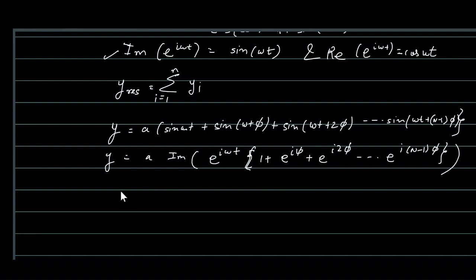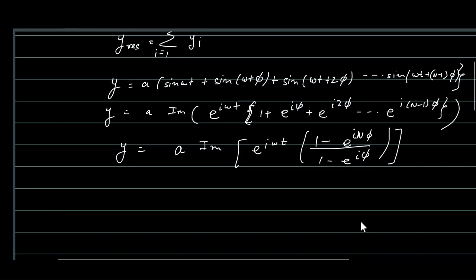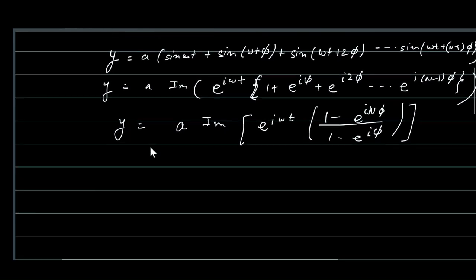Now we will use the sum of geometric progression formula, and we can write e to the power i omega t times 1 minus e to the power i n phi over 1 minus e to the power iota phi. So we have quite simplified the equation.